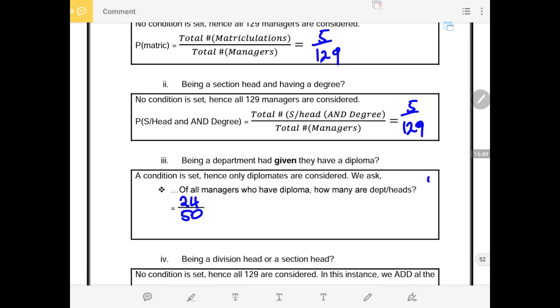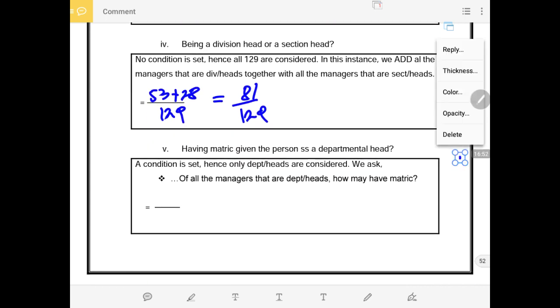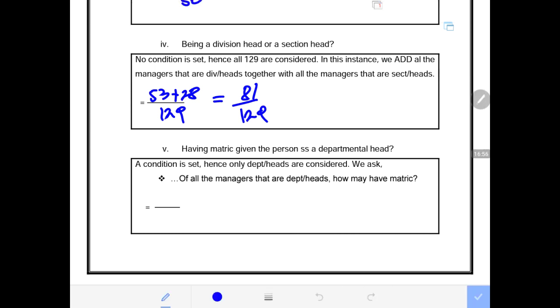Now we continue on that same note. Under Roman figure 5, what is the probability of the person being selected at random having matric, given the person is a departmental head?